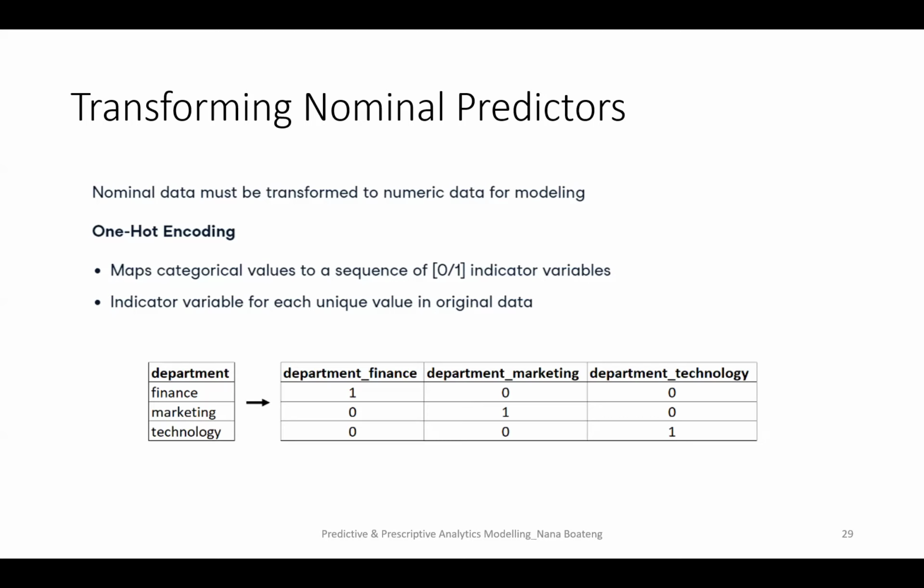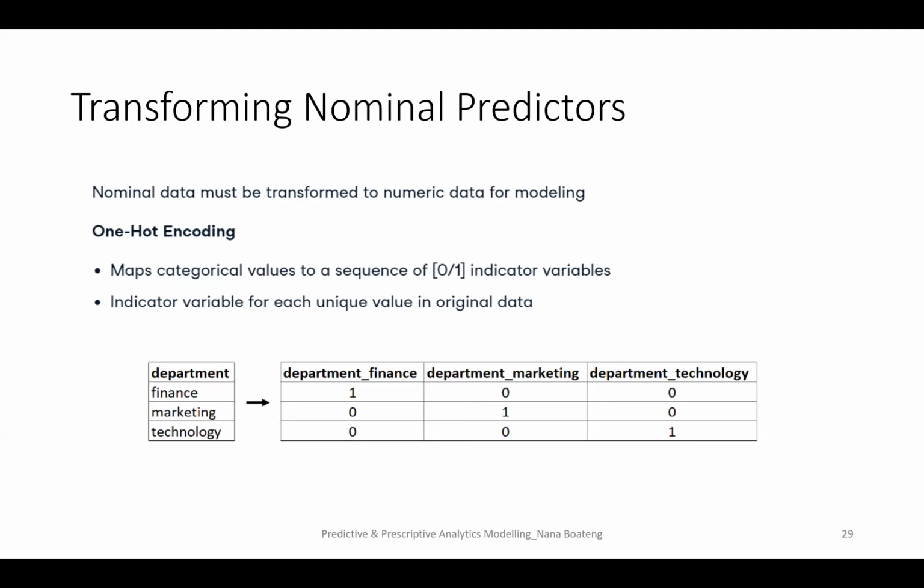At the marketing row, marketing will be 1. At the finance row, finance will be 1. Please, are we okay with this one? Yes, sir. So this is the one-hot encoding, okay, of transforming nominal variables to numeric.